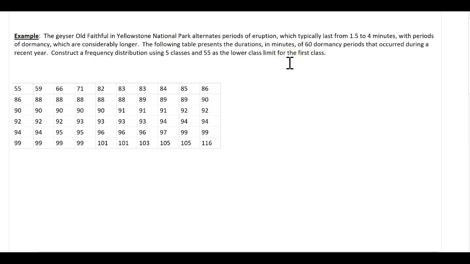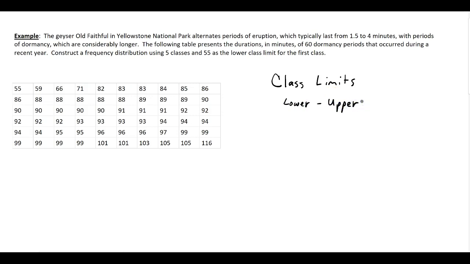So this is the major difference between categorical and quantitative data for frequency distributions, is that we have to have classes, class limits, okay? So when we discuss class limits, we have what we call class limits, and we have the lower limit to the upper limit.